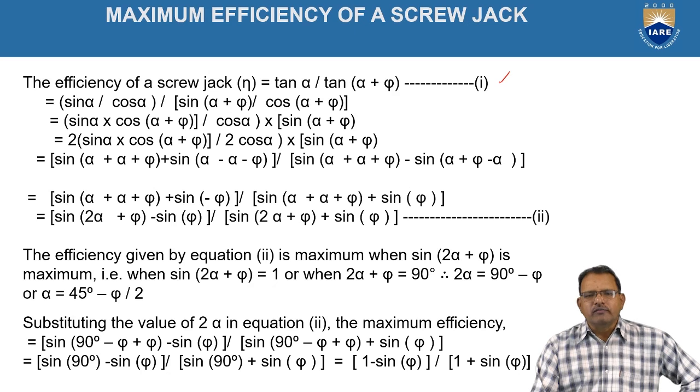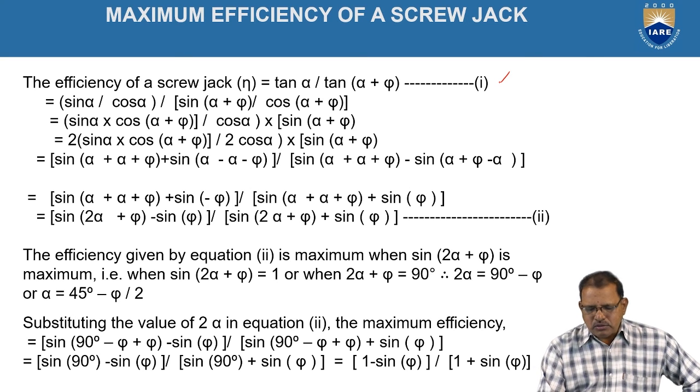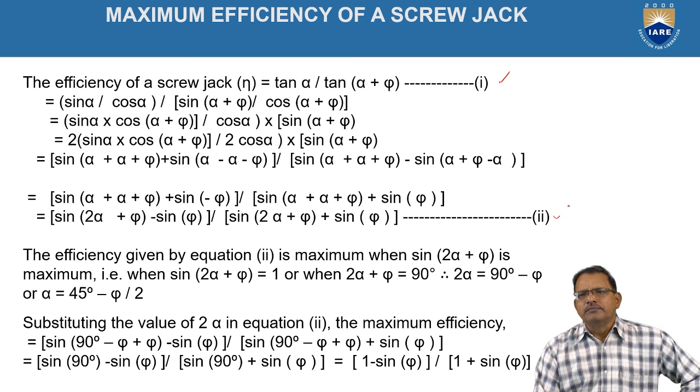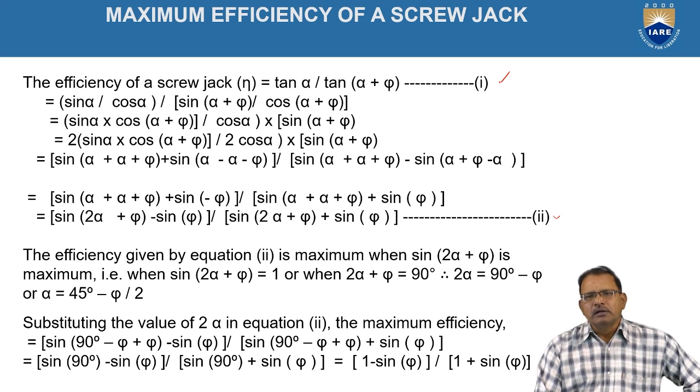Substituting the value of 2 alpha in equation number 2, we get the maximum efficiency, which is equal to sin (90 minus phi plus phi) minus sin phi divided by sin (90 minus phi plus phi) plus sin phi, which is equal to 1 minus sin phi divided by 1 plus sin phi.